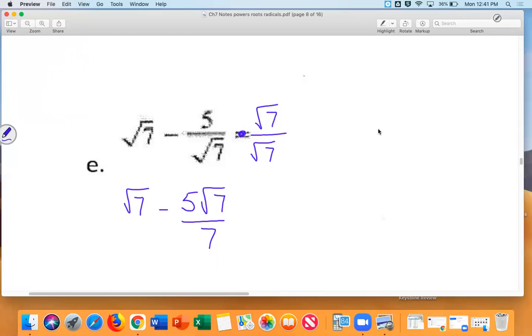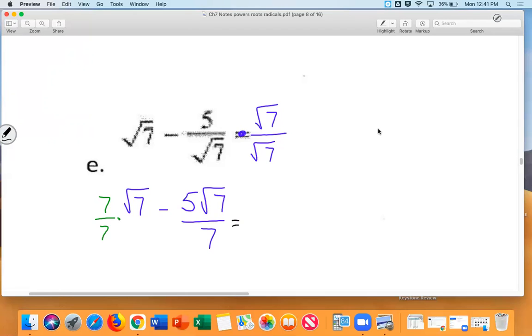Now, Jake, we're still not done with this problem because we have to combine these two. If I view these as fractions, notice this doesn't have a denominator, does it? So I have to make a denominator. What's the common denominator here, Jake? 7. So we would multiply this by 7 over 7.